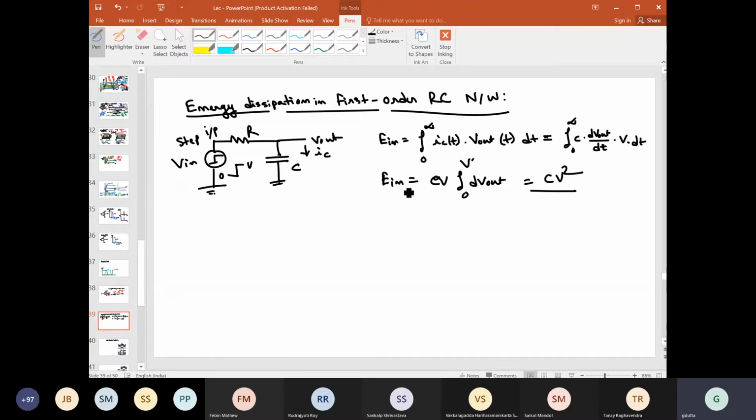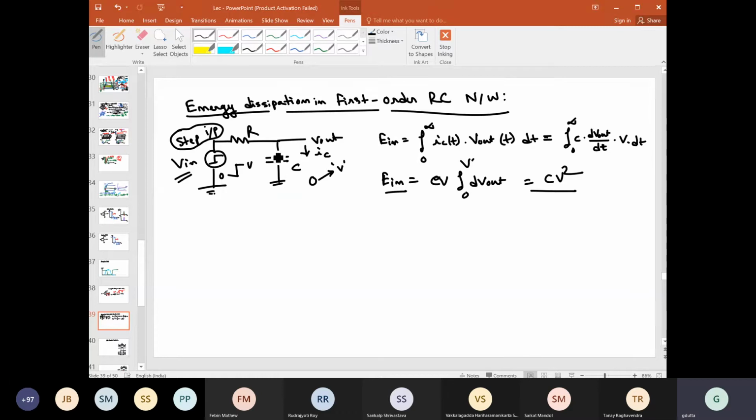So the energy that is being delivered by the source to charge this capacitor from 0 till V is this CV square, right? Provided when the input is a step.